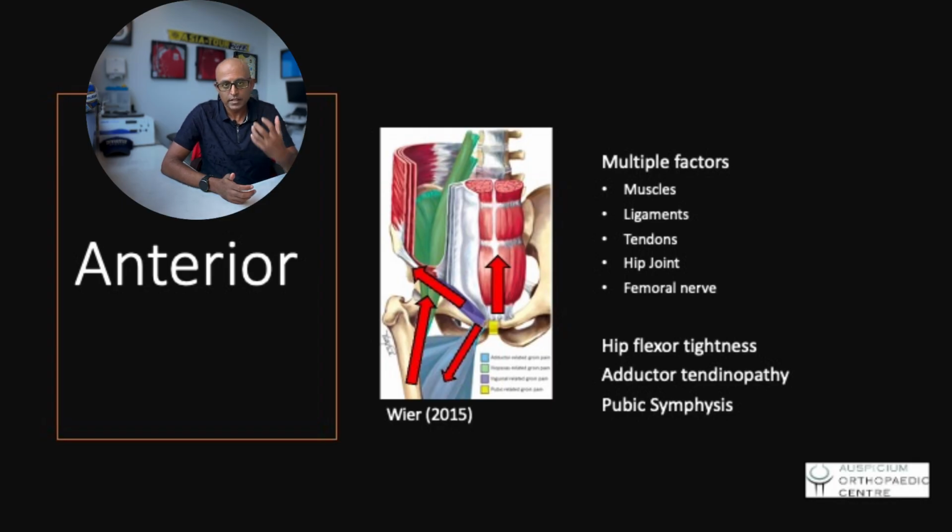Then we move on to the anterior aspect. And again, same with the posterior and lateral aspect of the thigh, there are a whole multitude of different pathologies that could be going on in isolation or concurrently with a significant overlap of the symptoms.